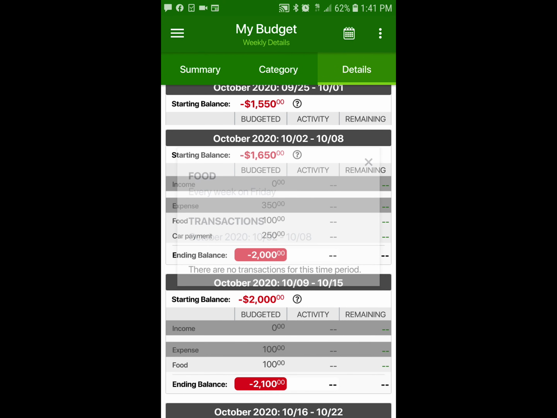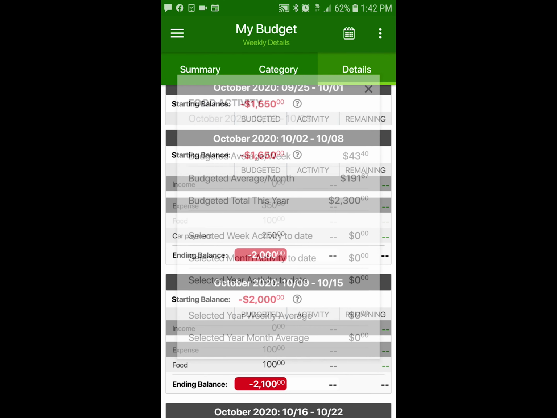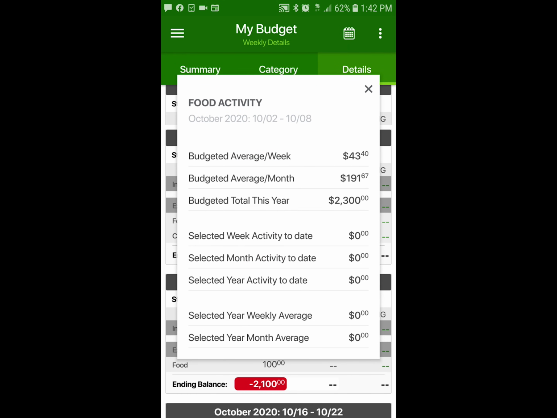Now we're going to tap and hold on the food line. And then that's going to pull up a whole different menu. So if you just tap and hold on it, it's going to pull up the activity for food. Now, if you go down, you can see what you have. We have budgeted an average of $43 a week. Now, the reason for that is it's only a partial year.